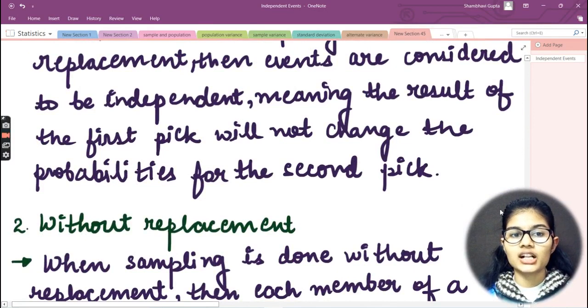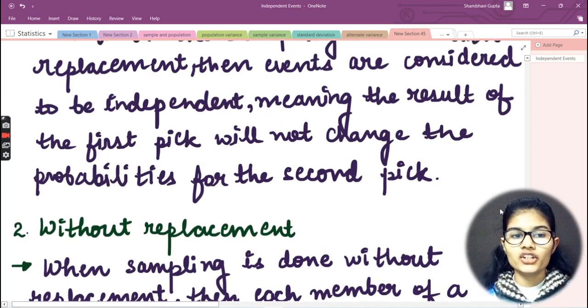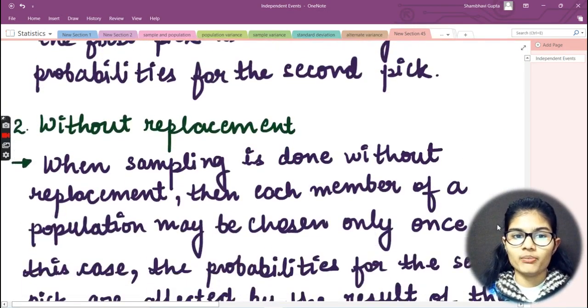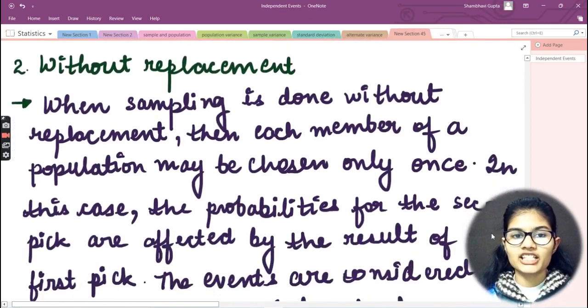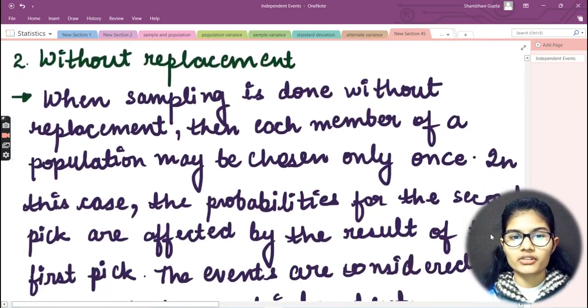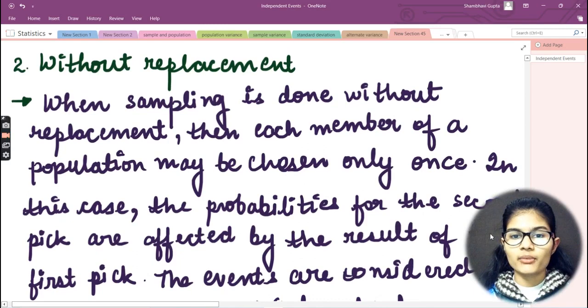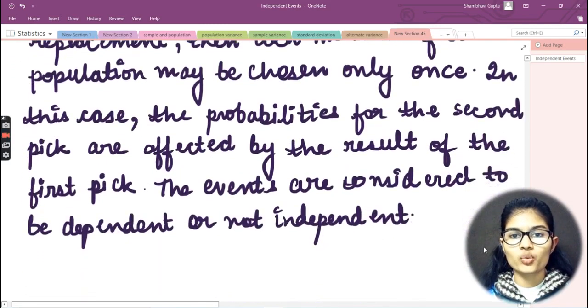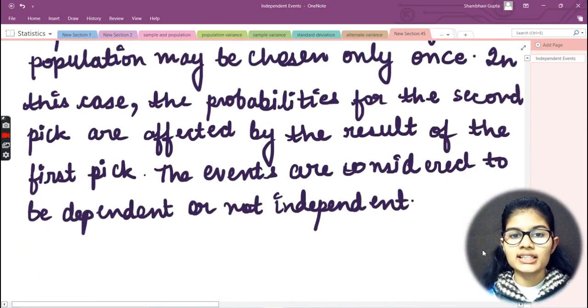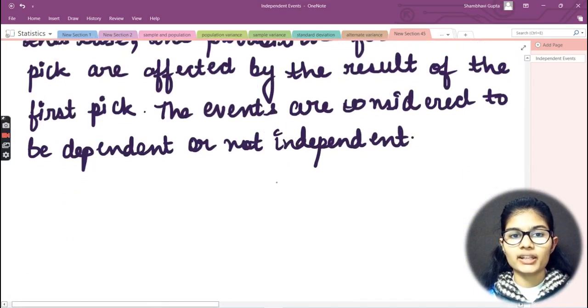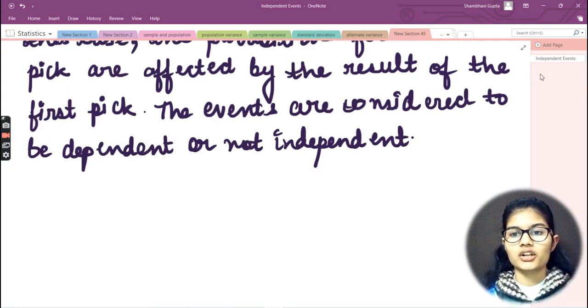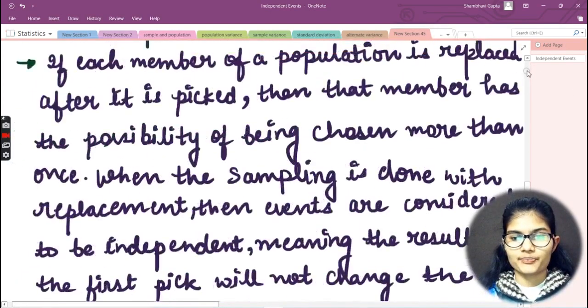It means the result of the first pick will not change the probabilities for the second pick. Second is without replacement. When sampling is done without replacement, each member of a population may be chosen only once. So the probabilities for the second pick are affected by the result of the first pick, and the events are considered to be dependent or not independent.